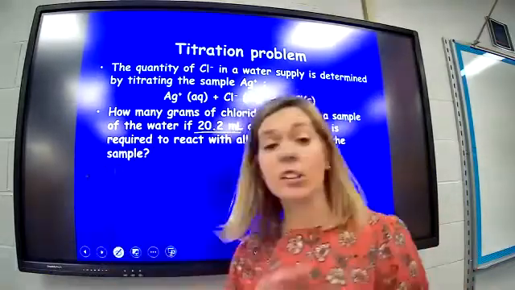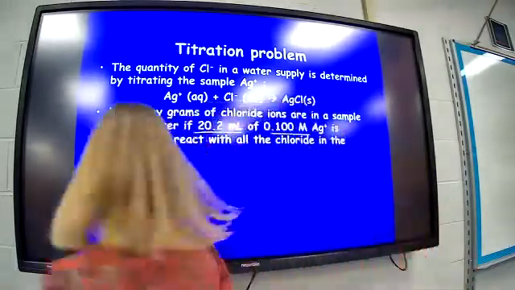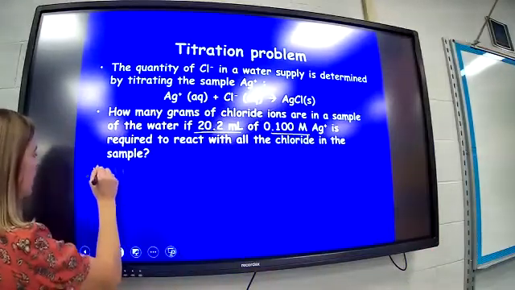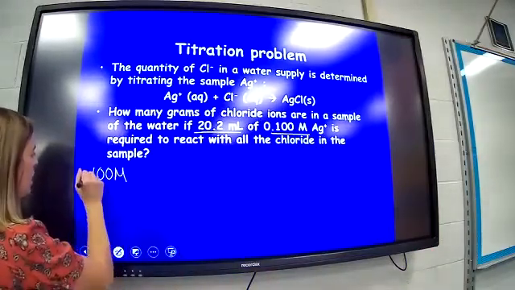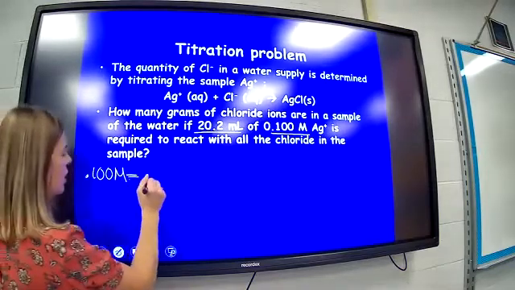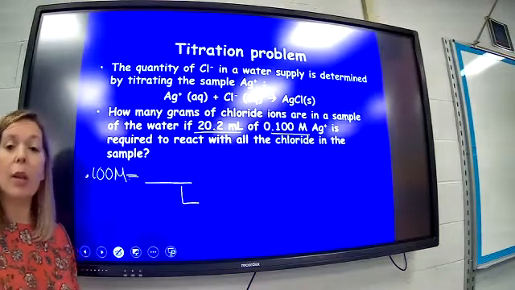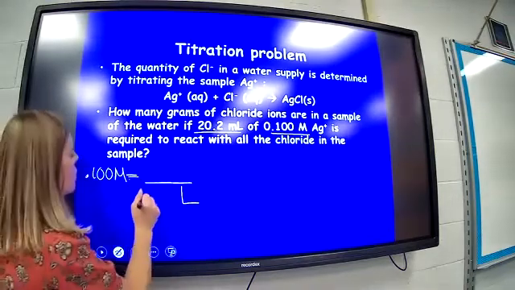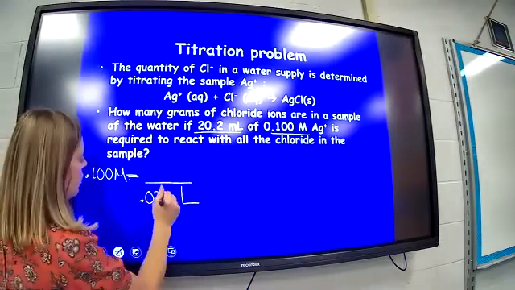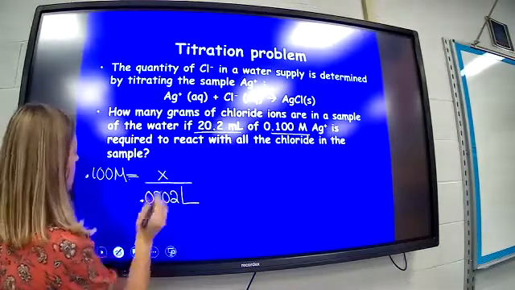That color is not showing up at all, so I will redo that. So we have the 0.1 molar solution, and we've got to have liters down at the bottom. So 20.2 milliliters would be 0.202 liters.